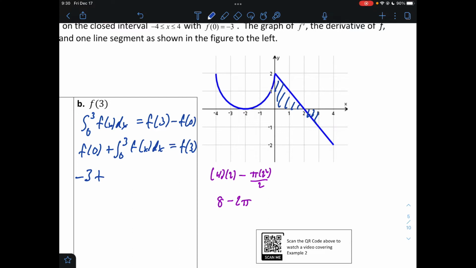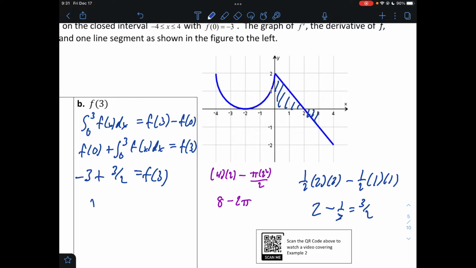So the first triangle above the axis would be 1/2 times 2 times 2, and then minus the triangle below the axis, 1/2 times 1 times 1. This would be 2 minus 1/2, or 3/2. So negative 3 plus 3/2 would be negative 3/2. So f of 3 would be negative 3/2.